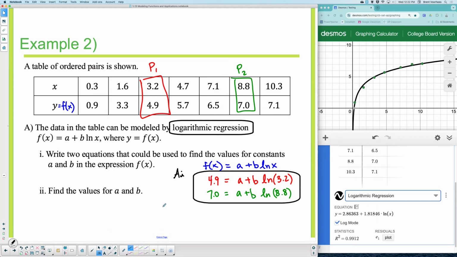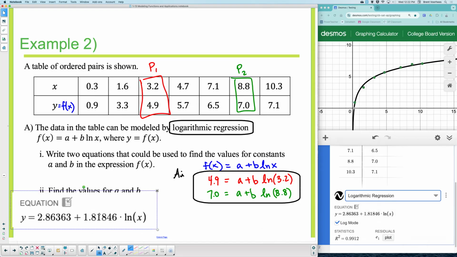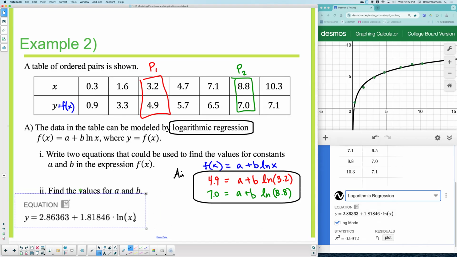Now, for AII, you would just get the values from right here. I'll copy this over. That's our equation right here. And so on this problem, which value is A? Again, round. You can round to 3 decimal places. What's our A value? 6. Technically, when you round, I should have done this in the last one. You do a squiggly. So it's going to be approximately 2.864.